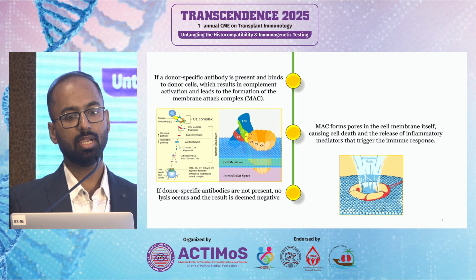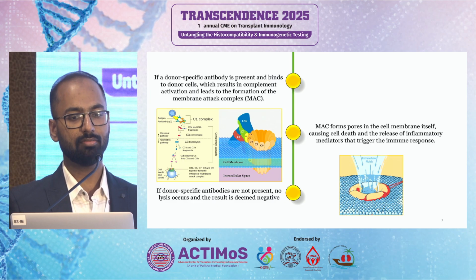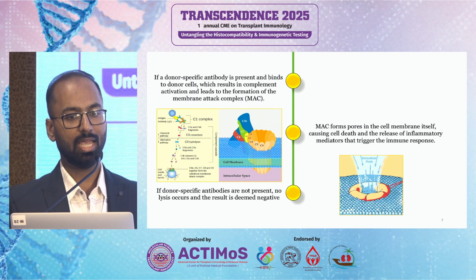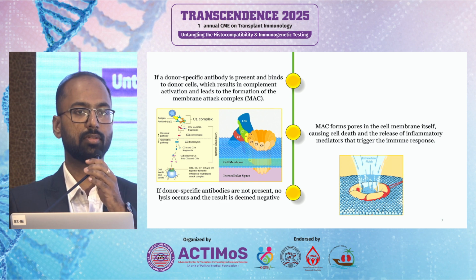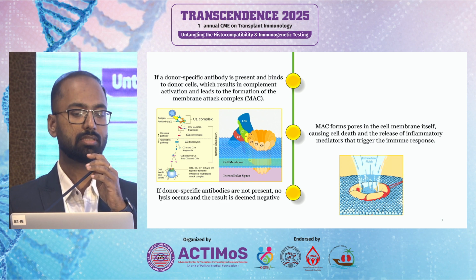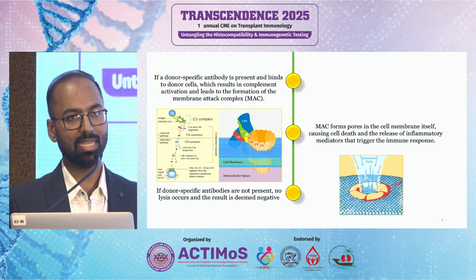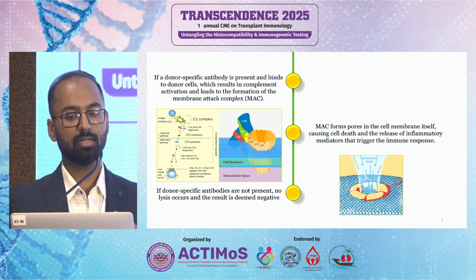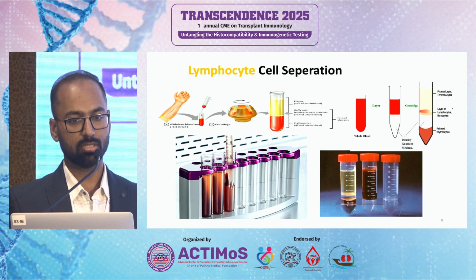How this works: if there is antibody in the patient's serum, it will interact with the donor's antigen and activate the complement pathway. At the end of the pathway a membrane attack complex (MAC) is formed, and the cell gets lysed. Once lysed, there is a hole in the cell through which extracellular fluids enter, causing cell death.